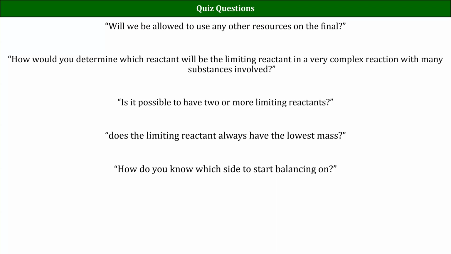Is it possible to have 2 or more limiting reactants? Kind of. If you have 2 or more limiting reactants, the way that I would interpret that is you're running out of 2 things at the same time. So in our bread plus patty plus cheese makes a cheeseburger analogy, if you run out of bread and you run out of patties at the same time, but you still have extra cheese, the bread and the patties are your limiting reactants.